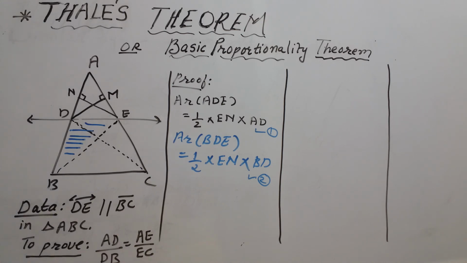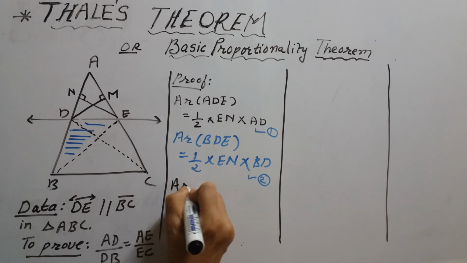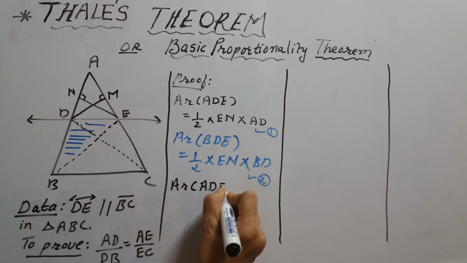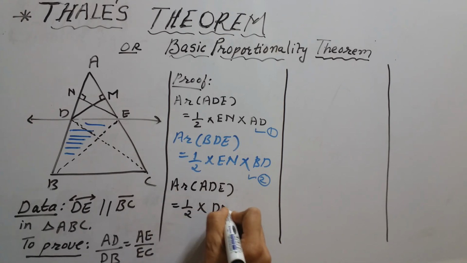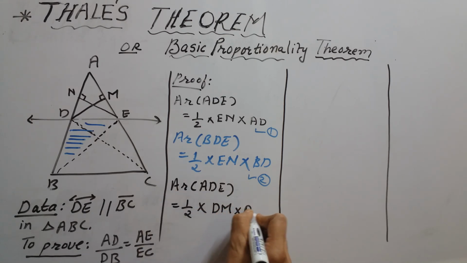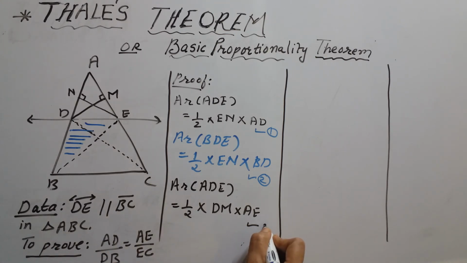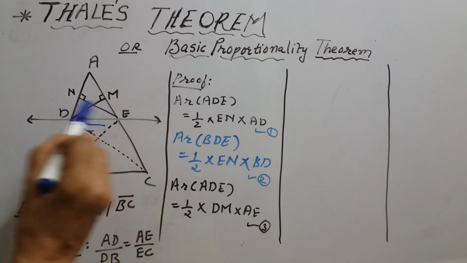Now again I write area of triangle ADE. As I told you, it can also be written as half into altitude, which I am taking as DM, into base, which I am taking as AE. And I am giving this statement number 3. Now I take the triangle CED.